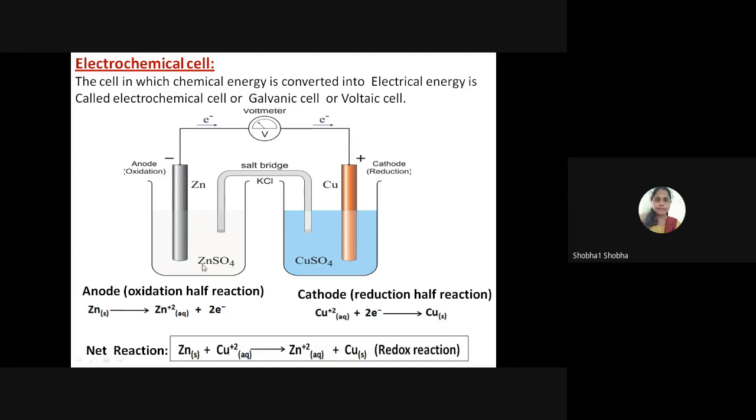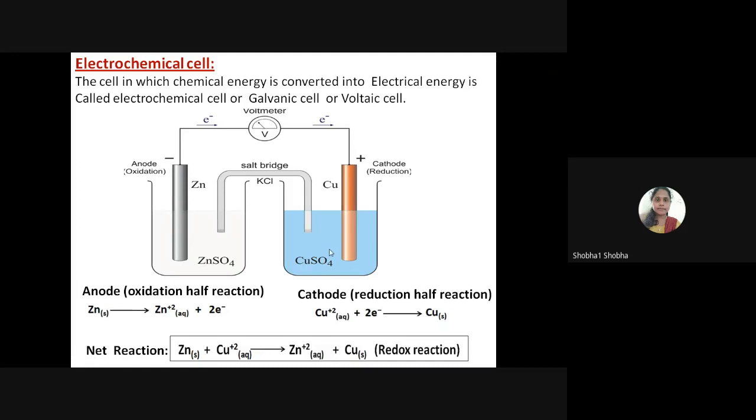To neutralize it, Cl minus will move from the salt bridge to here. Whereas in this beaker, potassium ions will move, because copper ions are continuously moving onto the copper rod electrode. Therefore, potassium ions replace them to maintain the neutrality of these solutions.